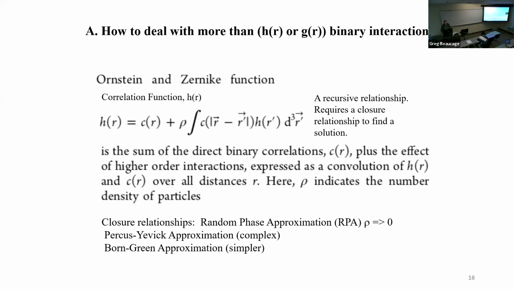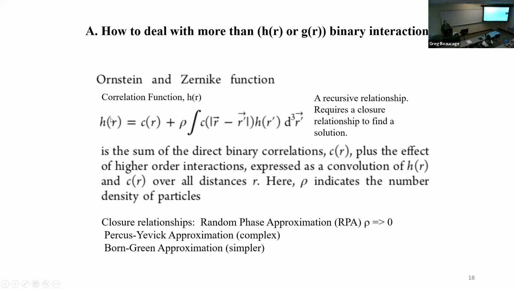So you do an integral over the binary AA, BB, AB, and this is the actual correlations of things in the system. So you have the binary correlation, and then you have the actual correlation coupled, and you have to integrate over all space to get that.